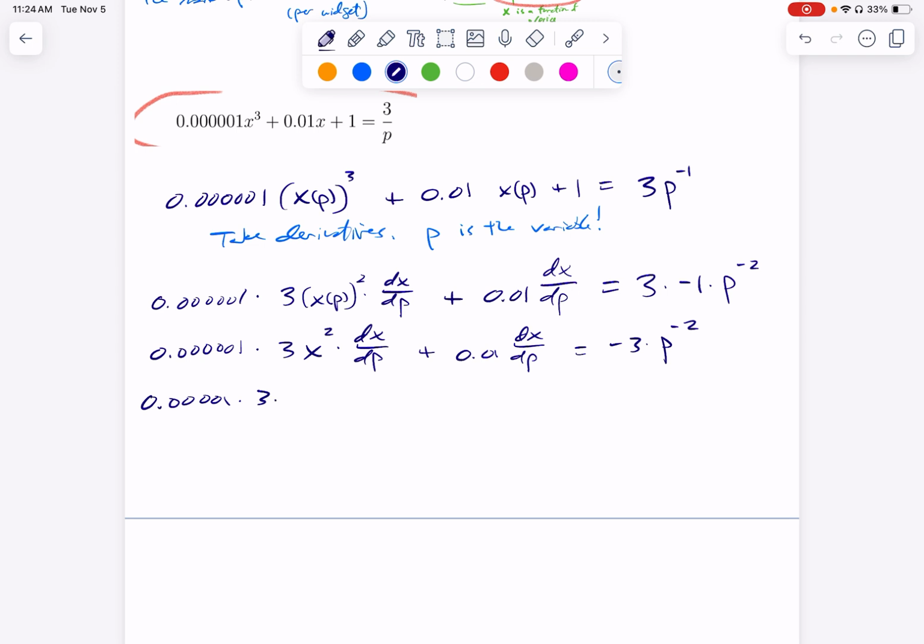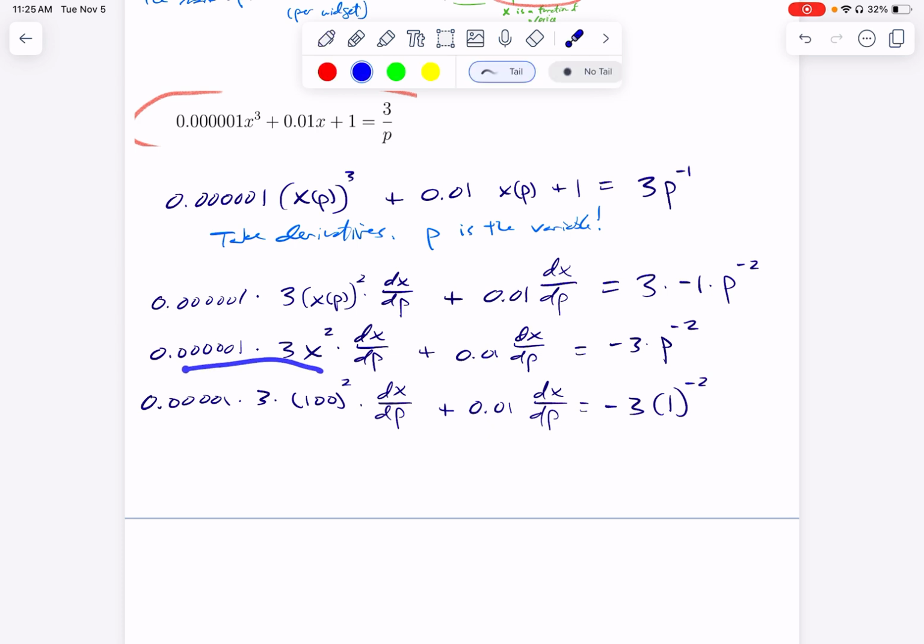0.00001 times 3 times 100 squared times dx dp. Right, the numbers here are kind of messy. Just follow along with me. Don't really panic if you feel like you would make an arithmetic mistake here. Here we have 0.01 dx dp, and here we would have negative 3 times 1 to the negative 2.